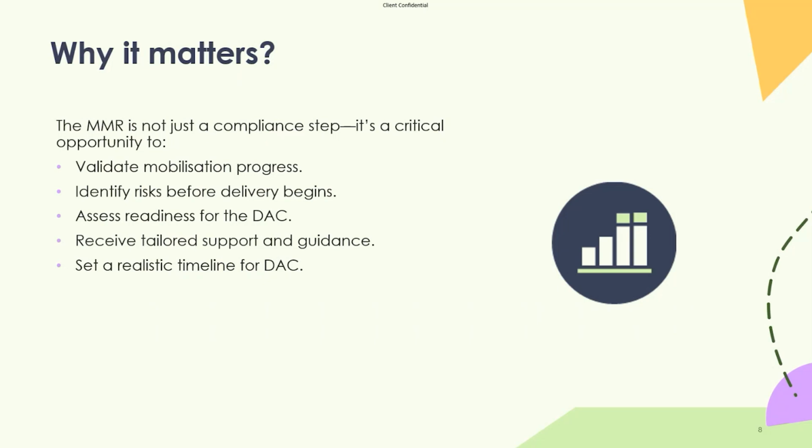And based on the guidance that we provide, the recommended support, as well as the performance assessment, we're also able to set a realistic timeline for the DAC. So typically in an MMR, as well as a mock DAC outcome report, we would share what, in our opinion, would give enough time for a grant recipient to make the necessary changes to ensure that they're as ready and as prepared for the DAC as the department would expect them to be.